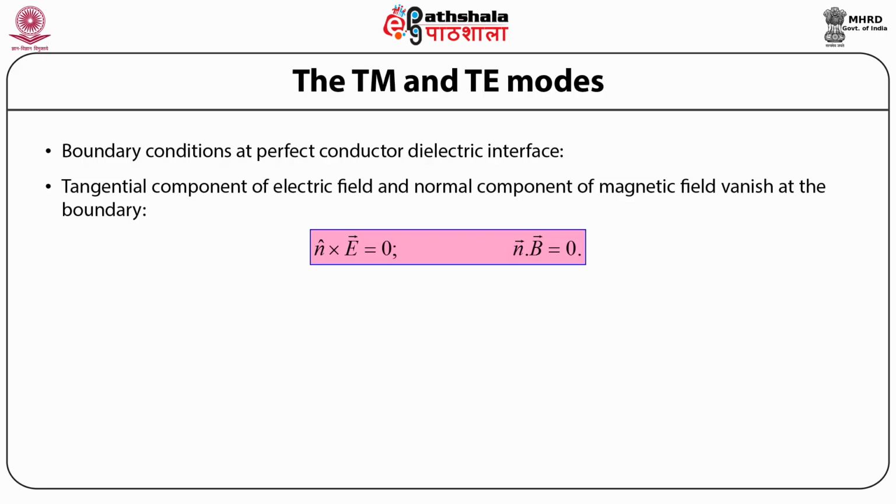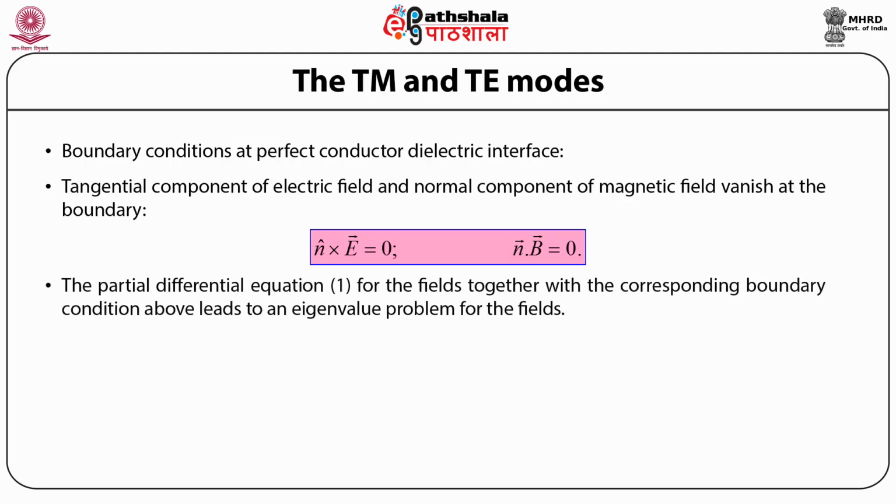This condition basically gives us that the cross product of the normal unit vector with the electric field is equal to 0, while the dot product of the normal unit vector with the magnetic field induction vector is equal to 0. So from this we can see that the partial differential equations or the wave equations that we had defined earlier for the fields, together with the corresponding boundary conditions that we have defined above, lead to an eigenvalue problem for the fields.